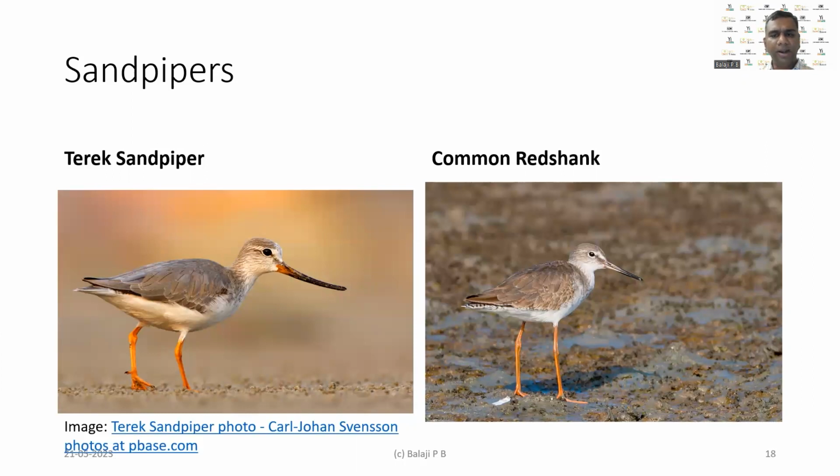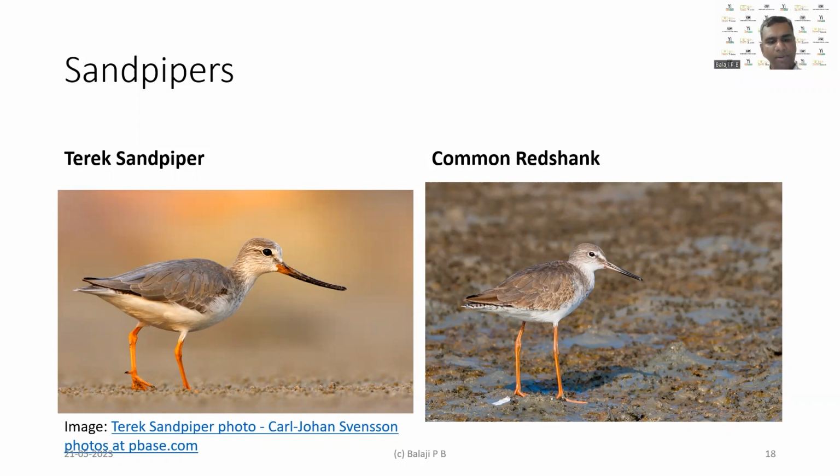And then coming to the next two species which are very commonly confused, very similar sized sandpipers: one is the Terek sandpiper and the other is the common redshank. Why they are confused very frequently is that both have reddish legs, and both have relatively longer beaks when compared to the other sandpipers.